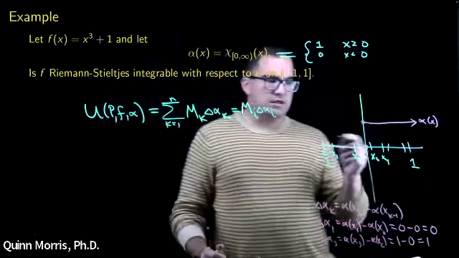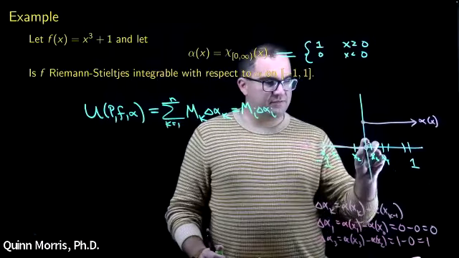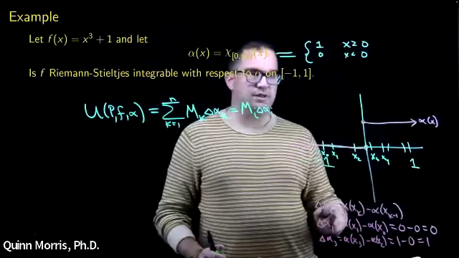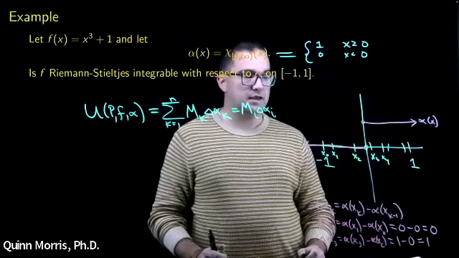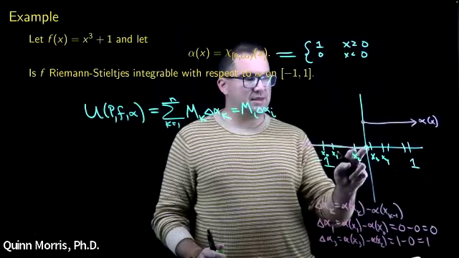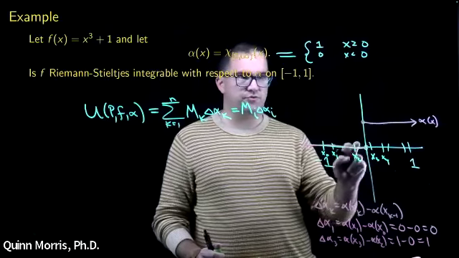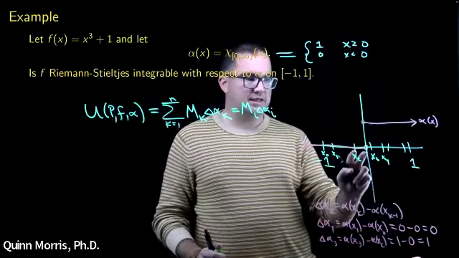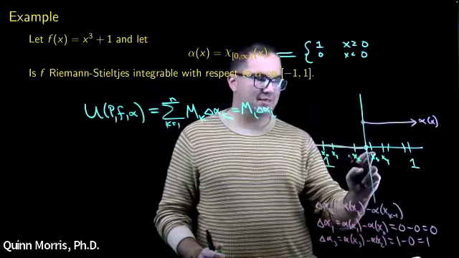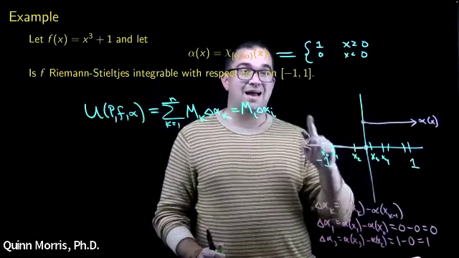Okay. Now, the tricky thing that can happen is, what if 0 is actually in your partition? Okay. So if you think about that for a second, that means that you actually have 0 in both of these subintervals, because now it's in this subinterval and this subinterval.